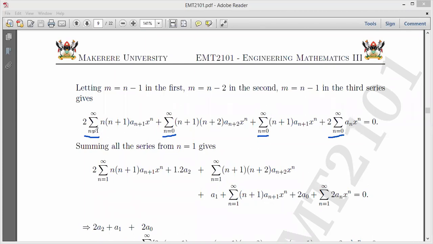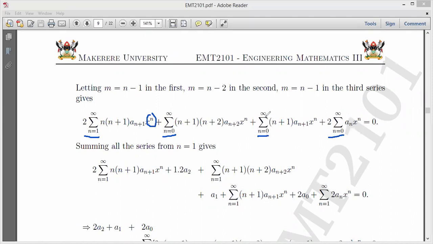Now we can't take this one to 0, because when you take it to 0, it will mess up this power here. So the only option is to take this, this, and this to 1. So we'll upgrade these ones, so that instead of the limit running from 0, it runs from 1 to infinity.